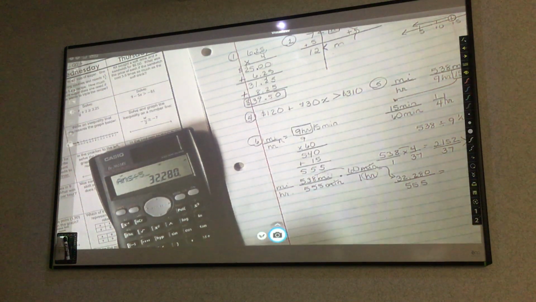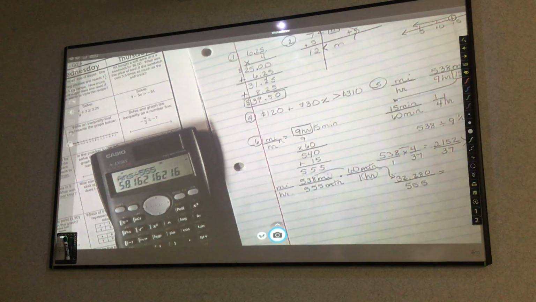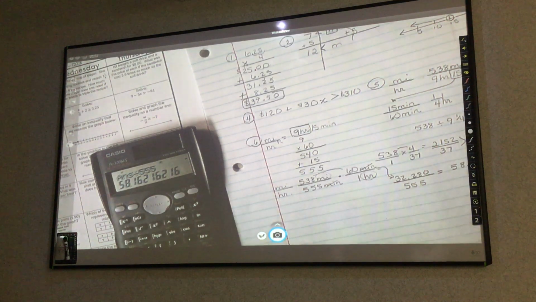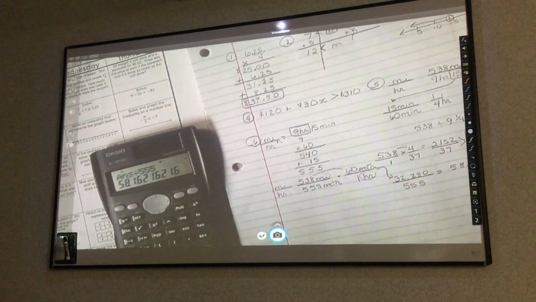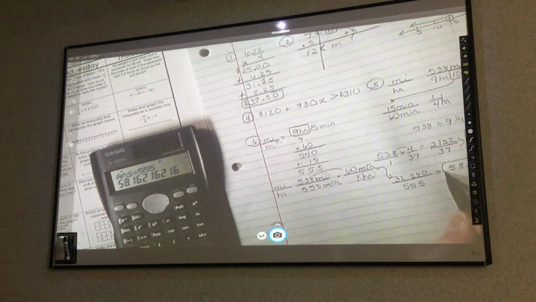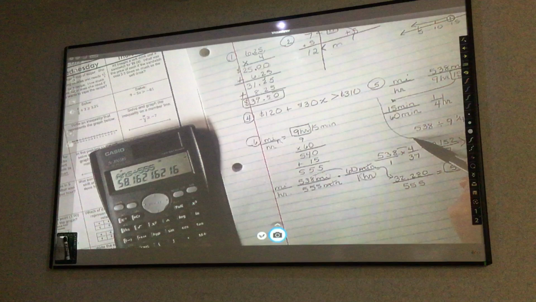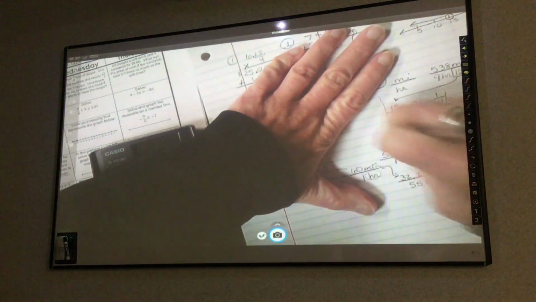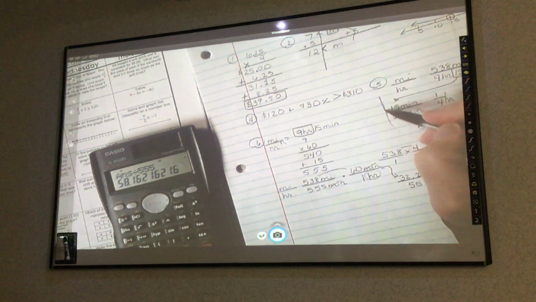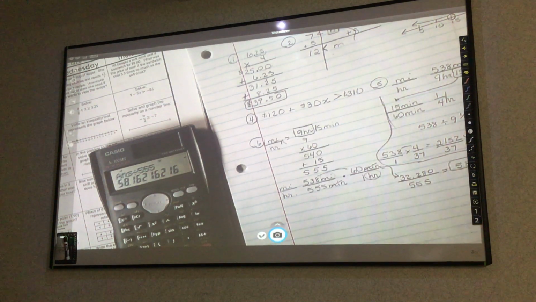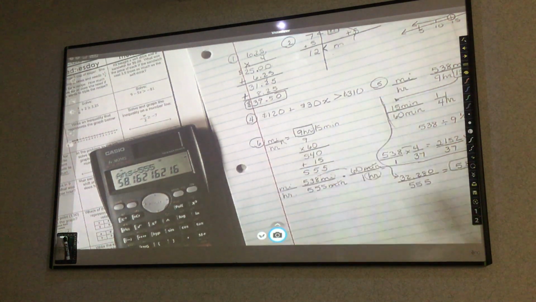So I divide it by 555, and I still get 58.162 miles per hour. So here's one option. That's option 1. Here's option 2.